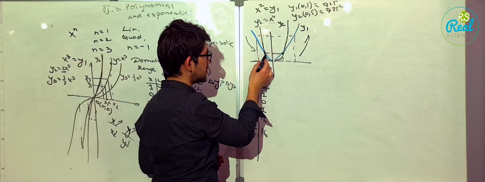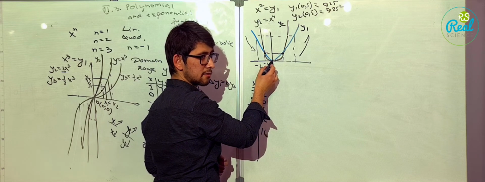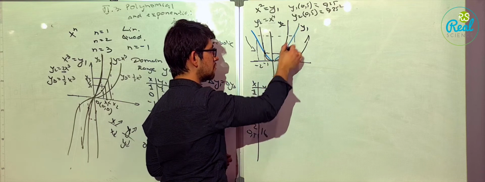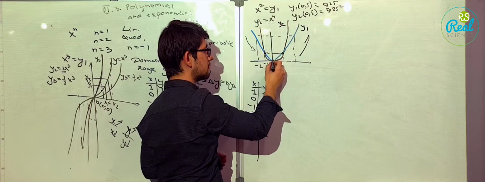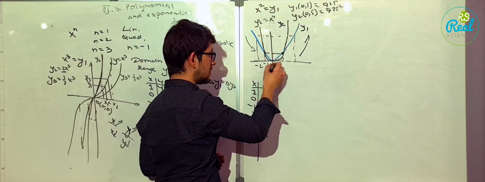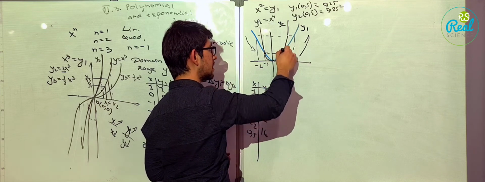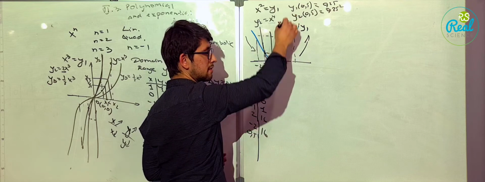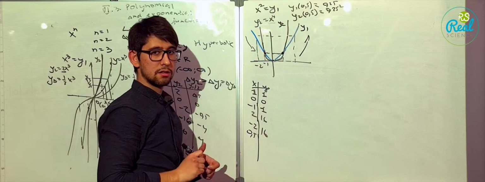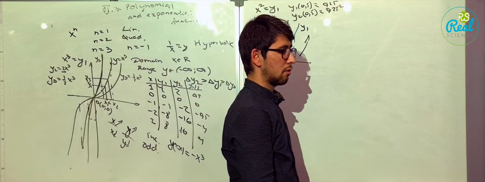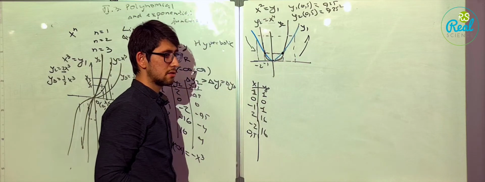Your x squared is decreasing faster. And from 0 till 1, your y1, x to the power of 2, is increasing faster than your x to the 4. But from 1 till infinity, your x to the 4 is increasing faster than your x squared. Okay? This is just an analysis of your graph, how they increase or decrease.